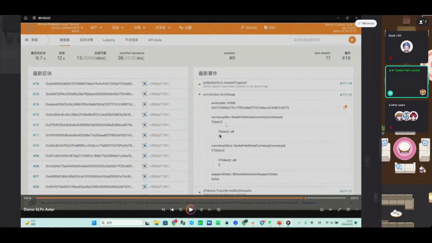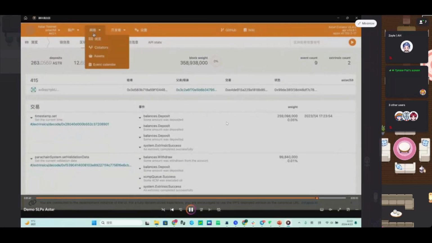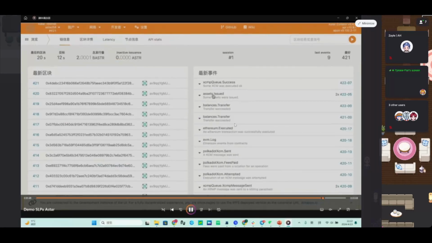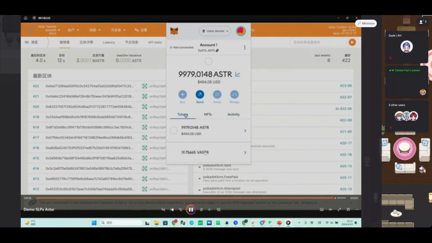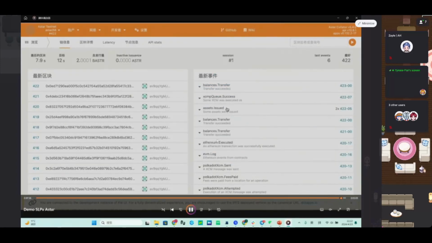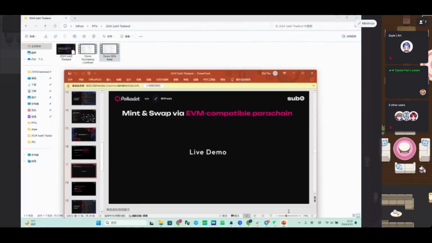Token 2 is the index of Astar on Bifrost, and token 2.3 is Astar, and VToken 2.3 is VAstar. So just informing you, swapping some Astar to VAstar. Okay, my balance says it. So that's the demo for this use case.